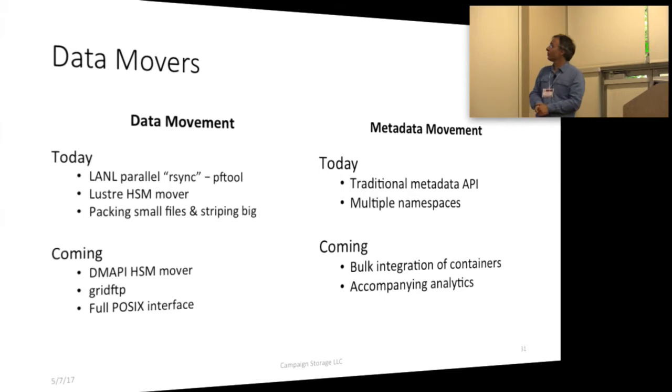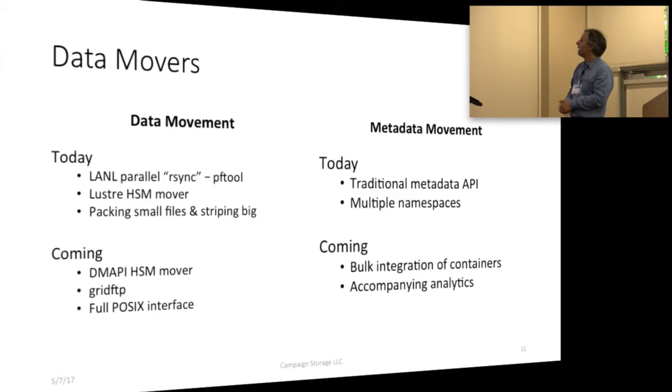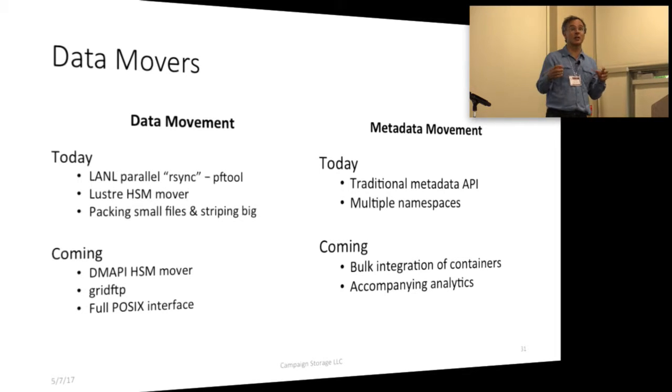So on the front of metadata movement, today MARFS offers a standard metadata API across multiple file system namespaces. So its performance can scale very well provided you use the breadth of the tree. If you go only very narrow and deep in the tree, you will basically be using a single file system at the moment.